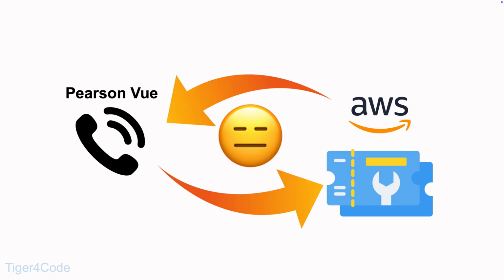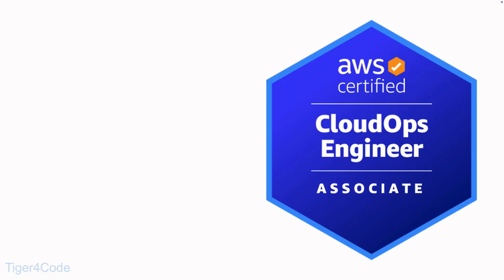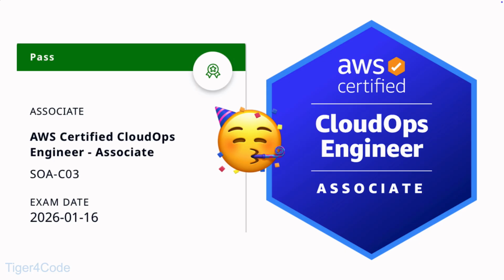I reached out to Pearson VUE and to AWS with no useful responses. Finally, on the 4th or 5th day, I got an email that I have passed the exam successfully on the first attempt. Checking the portal, I found the certificate was back, and it seems like there was an internal bug or whatever, but it was such a relief.